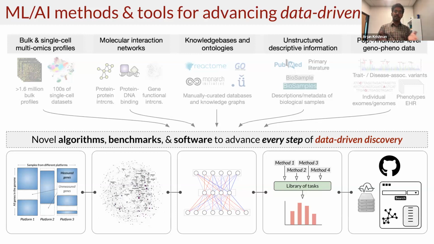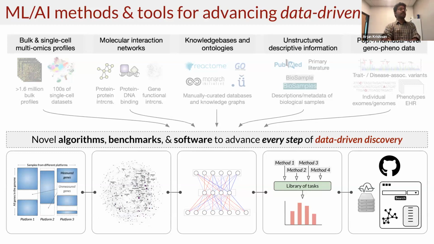And then we also write a lot of software and release web servers. These web servers are especially not databases, which means that they're not retrieving data, but they are interfaces for biomedical researchers to run custom machine learning algorithms. They provide an input, we spin up a cloud instance where we train a new machine learning model based on massive data, and then get new predictions for this particular user and send them back.